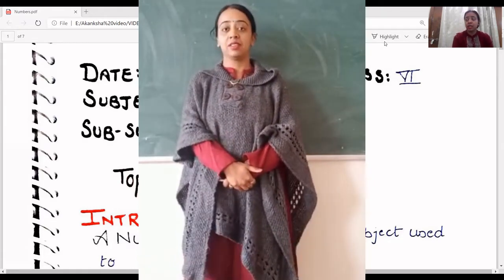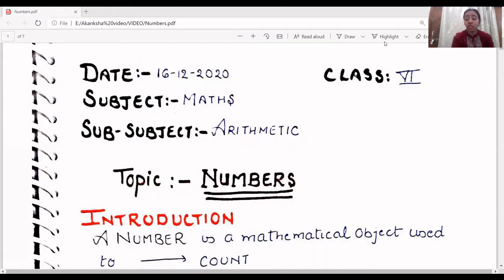Anything or label anything. So numbers are very useful. Often you say we need two toffees, we need 10 toffees, we need 10 oranges, we need two bananas, we need one banana. So it helps you in measuring things, right? Because it helps in telling the quantity of the things required.